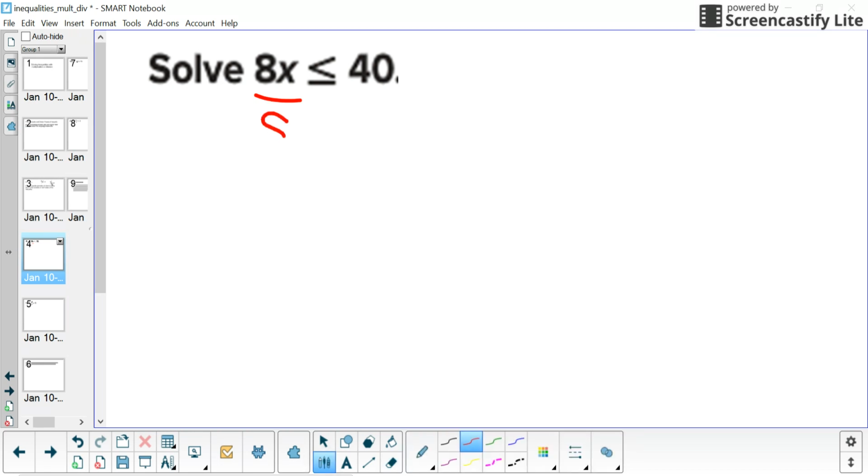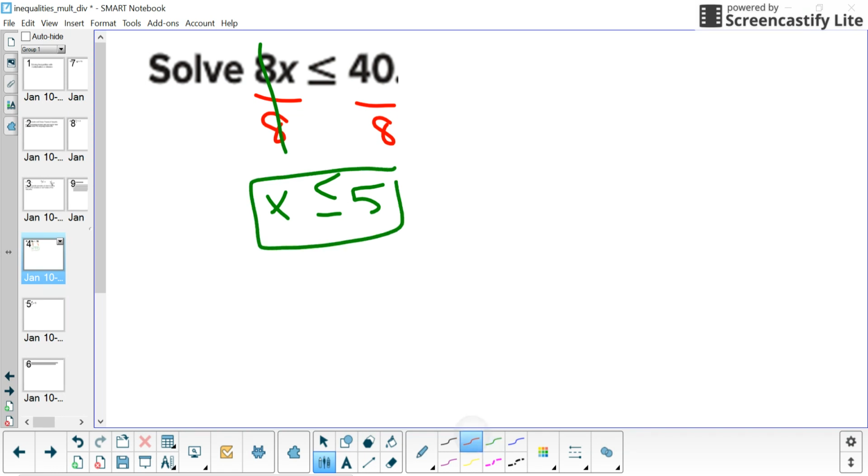Because if I look to see what's being done to x, multiplication is being done to x, right? So I have to do the opposite, which will be division, which I'm going to show with a fraction bar. Now when I do this, my 8's cancel out, and I'm left with x on the left is less than or equal to 40 divided by 8, which gets me this 5.